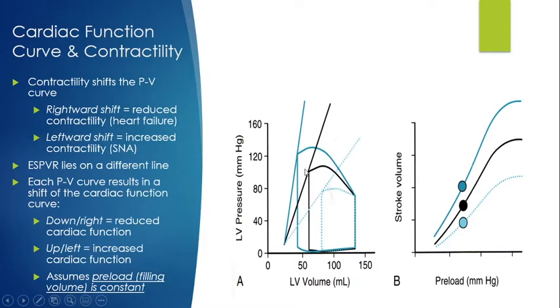So again, if we have a normal operating heart here in black, and then there is a decrease in cardiac function, a decrease in contractility, such as, again, the case in heart failure. Maybe someone has had a heart attack or similar cardiovascular event, and there's fibrosis of the cardiac muscle tissue, and it's just not behaving and contracting the same.